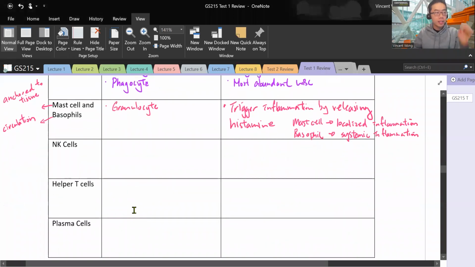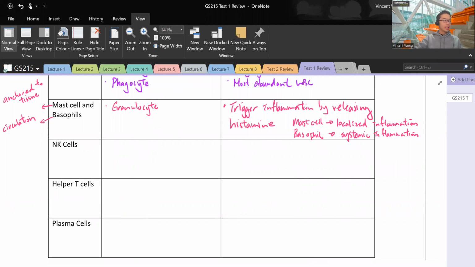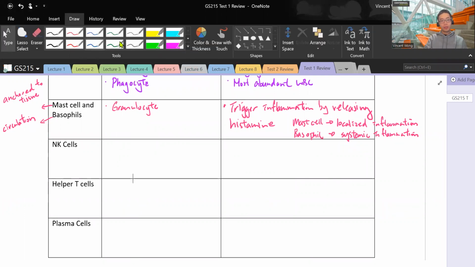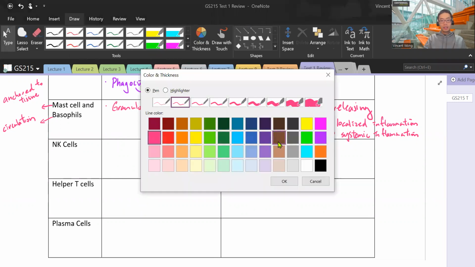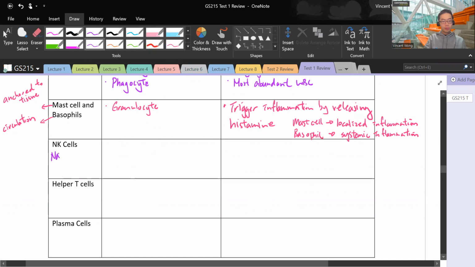Okay, next on the list, we have the NK cells. NK cells stands for natural killer cells. I know we didn't really introduce that until lecture 3, right?